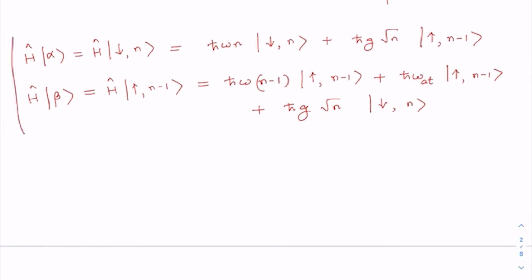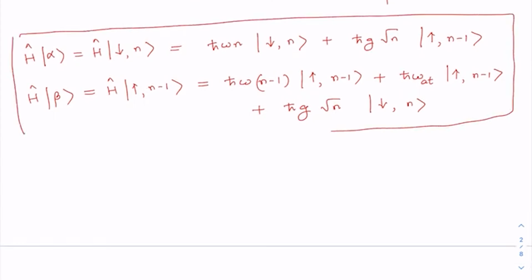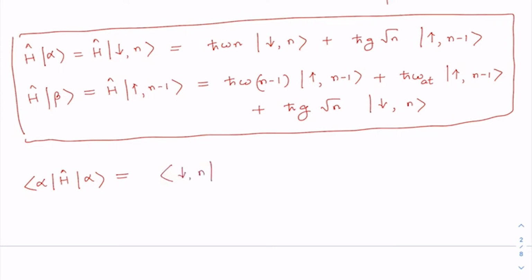Because we have worked this out, we can easily find all the matrix elements. So for alpha H alpha, you have to look at the expressions and you can immediately make out that this would be simply ħω n, because you know that these states are normalized.